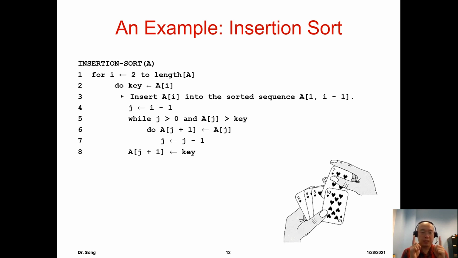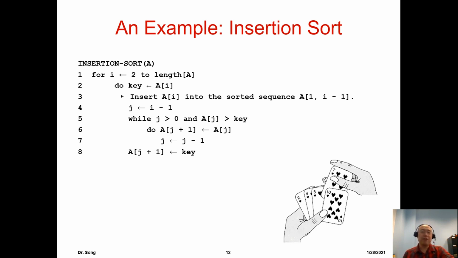Okay, sorting cards using two hands is easy. But for sorting a list in place, this is how it can be done. We start from i equals 2. So why do we start from 2? Because for 1, we are assuming that we only have one value, and there's nothing to be sorted, because that one value is already in the right place.